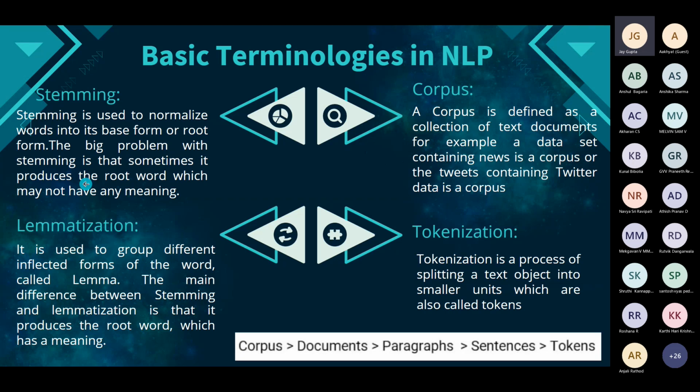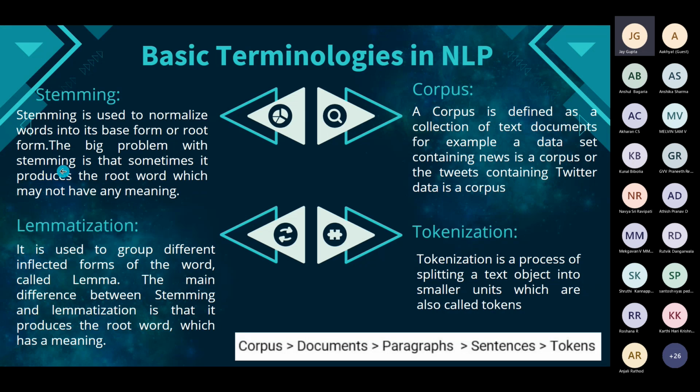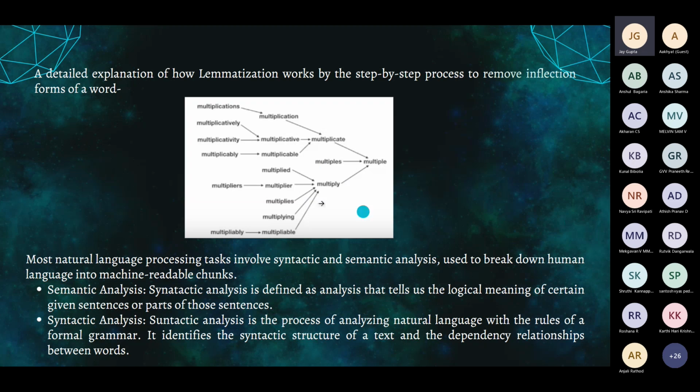Stemming and lemmatization are almost the same, but the difference is that in stemming, for multiplication, it will just truncate the cations part and keep multipl. So it can generate a word which doesn't have meaning, but lemmatization will always generate a word which has meaning. For example, multiplication will get converted to multiplicate, and then multiple. All these words will get converted to multiple, which is the root form of all these words.